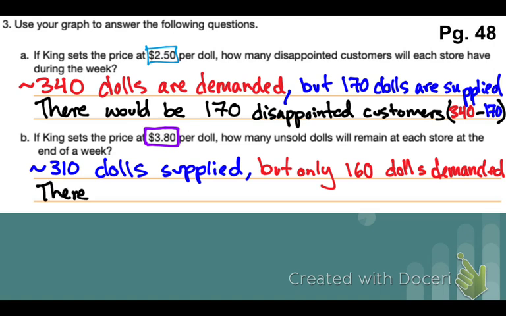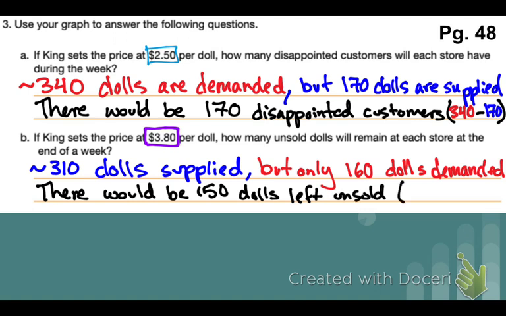And there would be about 150 dolls left unsold. And this time we did 310 minus 160.